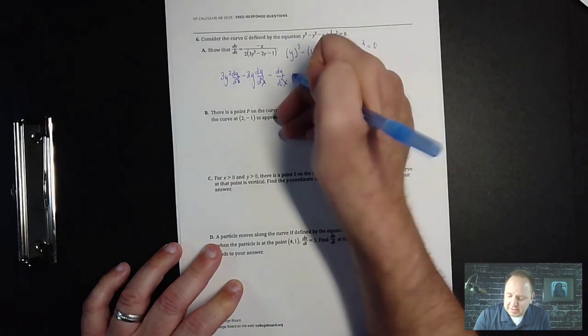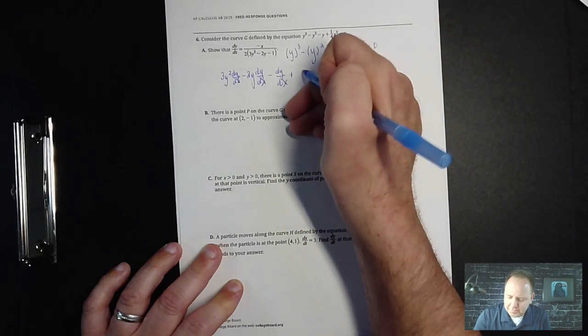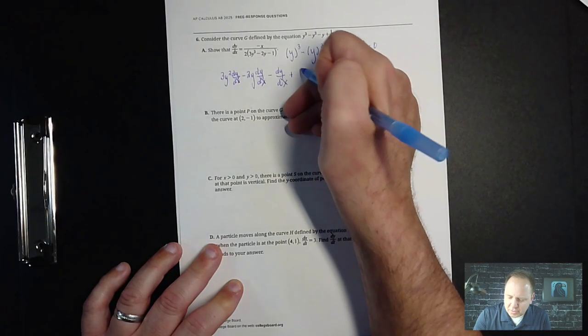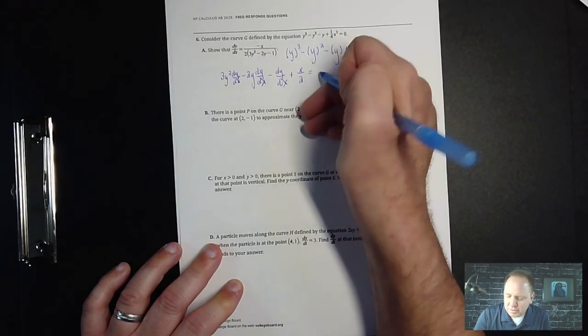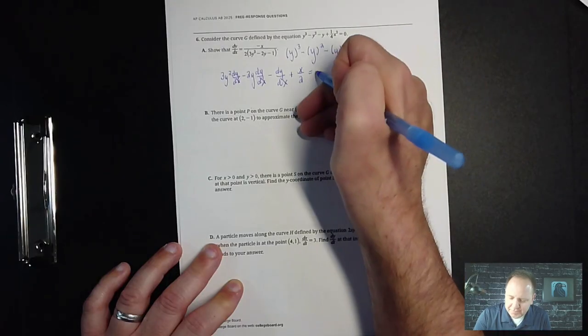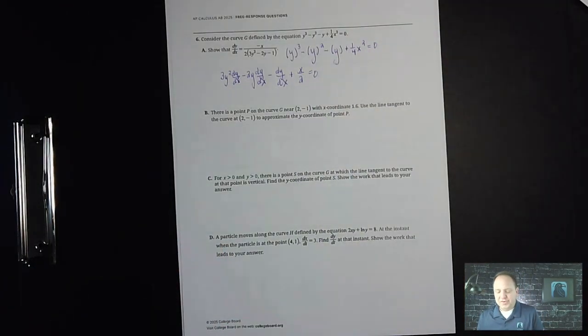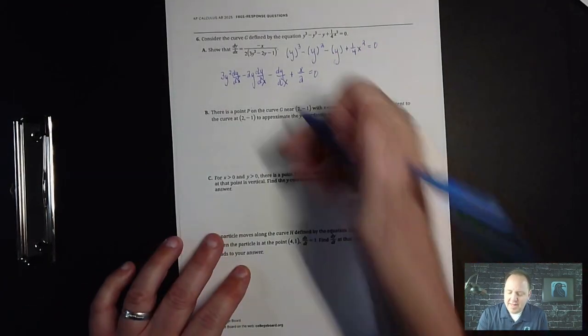Plus a half x, or x over 2, sorry, equals, be careful, 0. Well, the derivative is 0, so they didn't even make that hard.